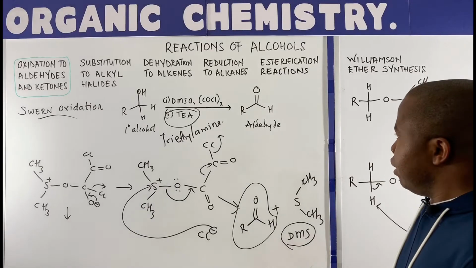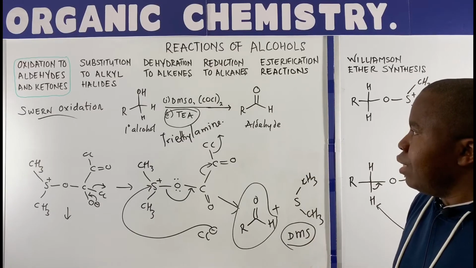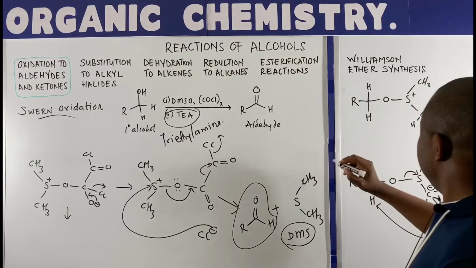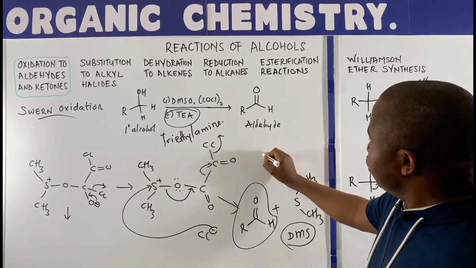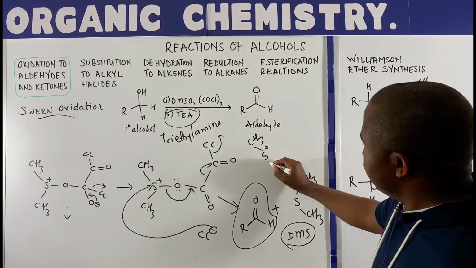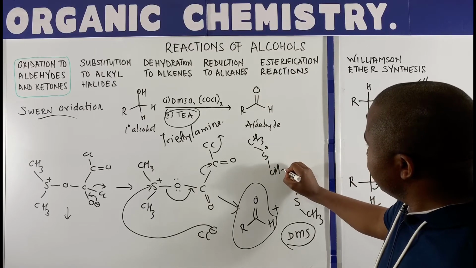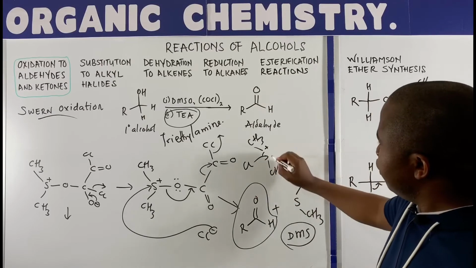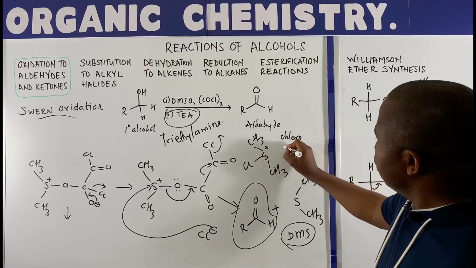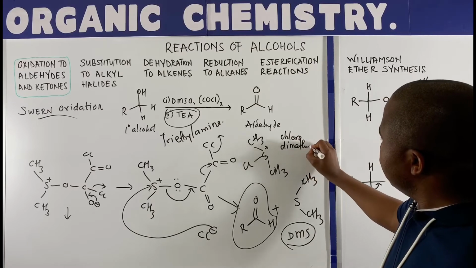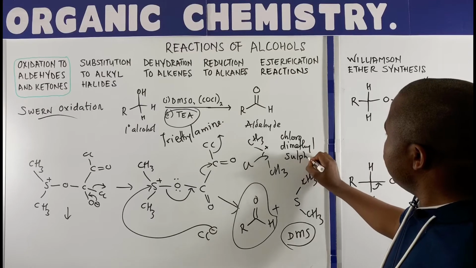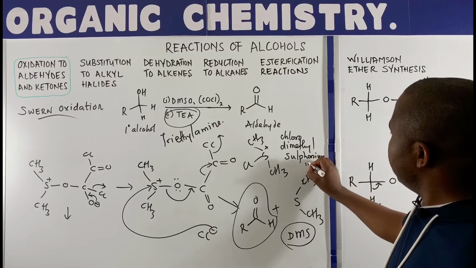Just bear in mind that the active oxidant in the Swern oxidation method is this species that we have here, the chlorodimethyl sulfonium ion.